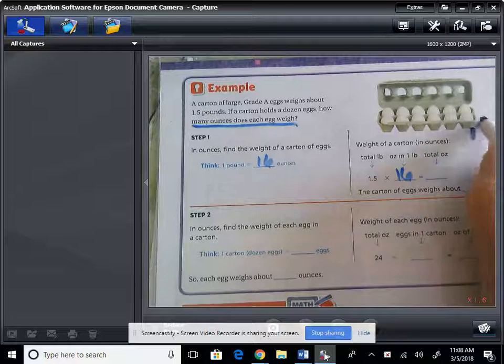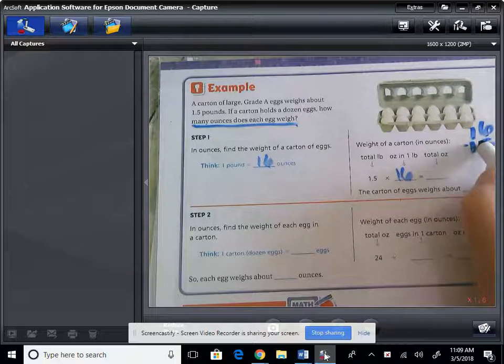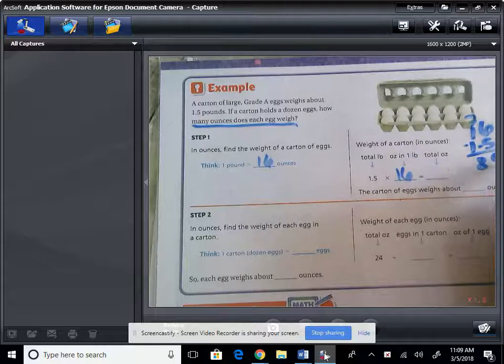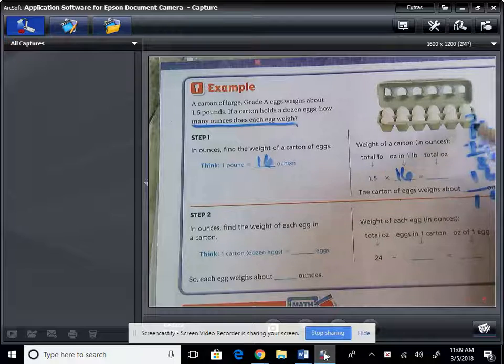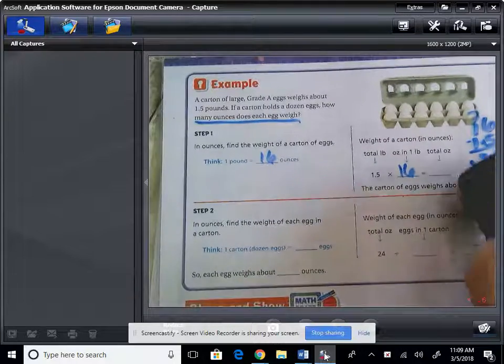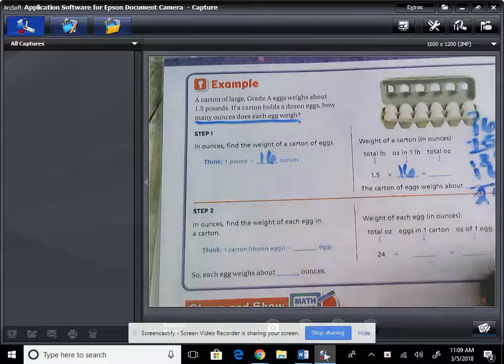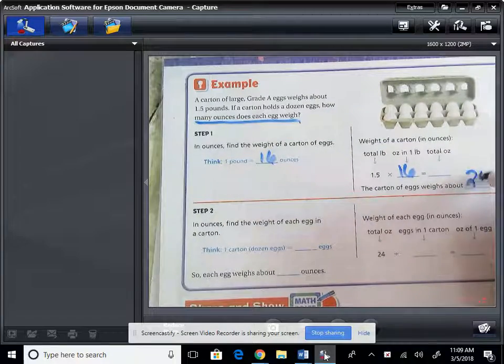And if I do that on the side here, times 1 5/10, and if I move my decimal, I get 14. I forgot to carry 1. Nope, 24. Sorry, guys. Knew that didn't sound right. So I have 24 ounces.